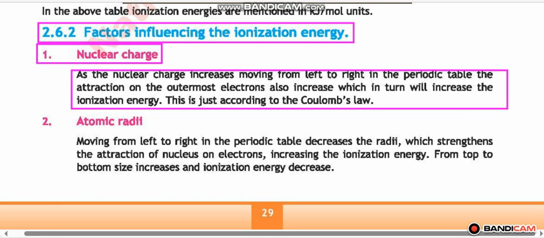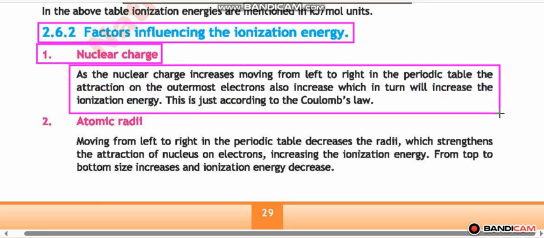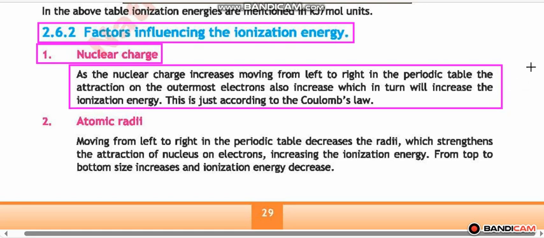According to Coulomb's law, opposite charges attract each other with a certain attractive force. As we move from left to right in a period, the number of protons in the nuclei is increasing, and because of this increase, the nuclear force also increases.